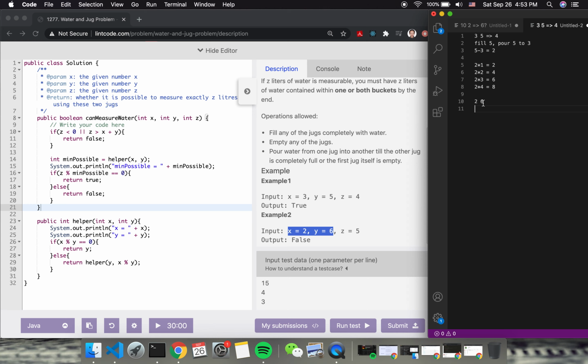If we fill the 6 and pour into the 2, then in this 6 liter jug we get 4, and we notice this 4 is new, it's not 2 or 6.